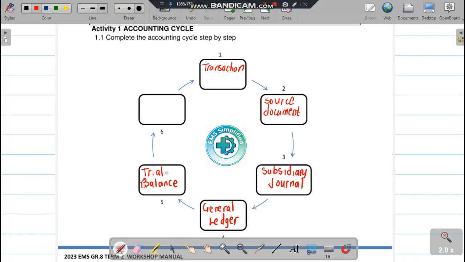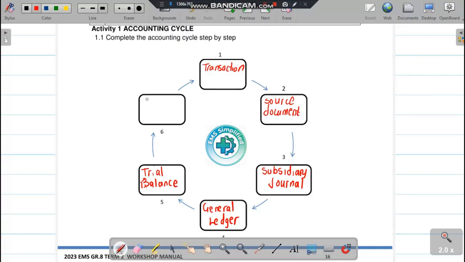A trial balance is prepared to test the accuracy of posting transactions from the subsidiary journal to the general ledger. It is also prepared to test the accuracy of recording, mathematical accuracy, and accuracy of posting. So a trial balance is the primary source of information that is used to prepare the financial statements.